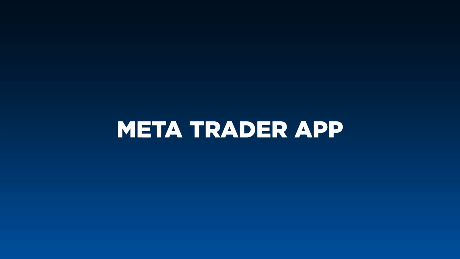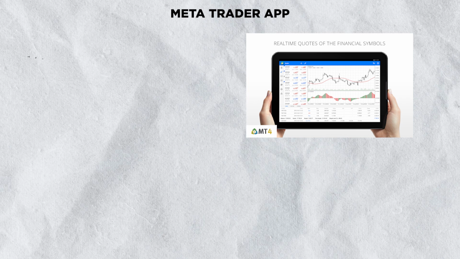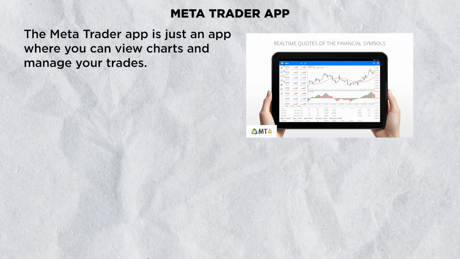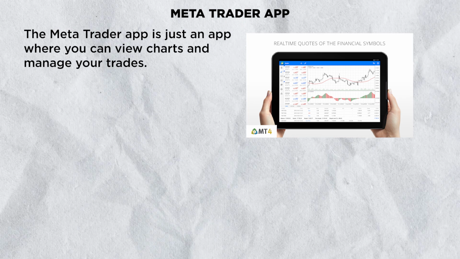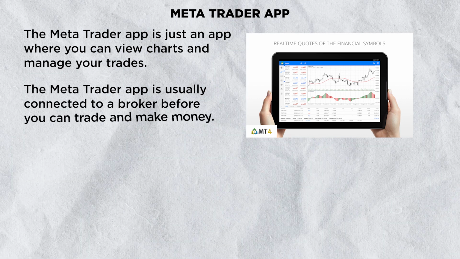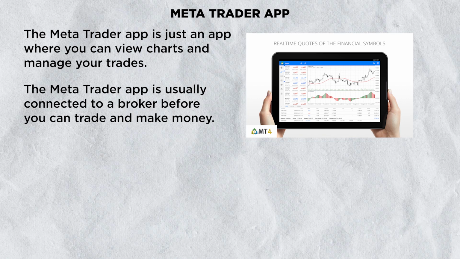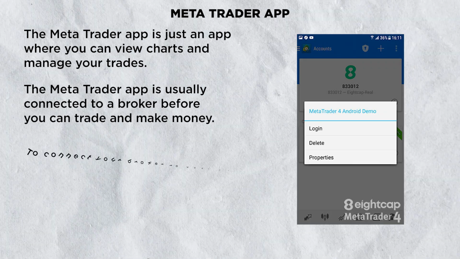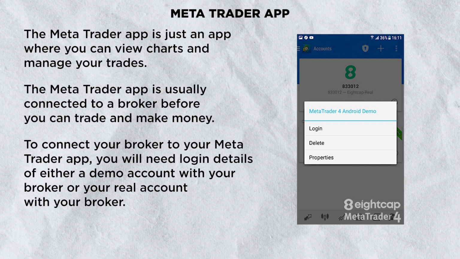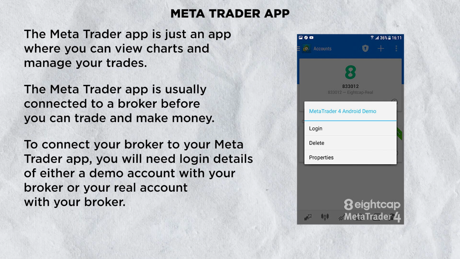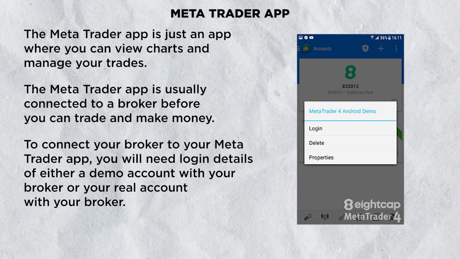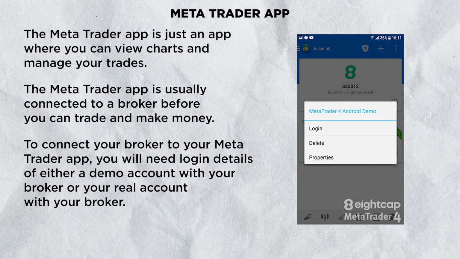So let's walk through the MetaTrader app. The MetaTrader app is just an app where you can view charts and manage your trades. The MetaTrader app is usually connected to a broker before you can trade and make money. To connect your broker to your MetaTrader app, you will need login details of either a demo account with your broker or your real account with your broker.